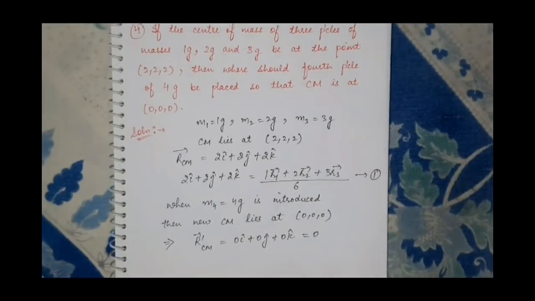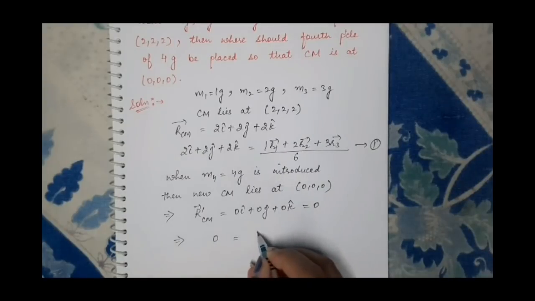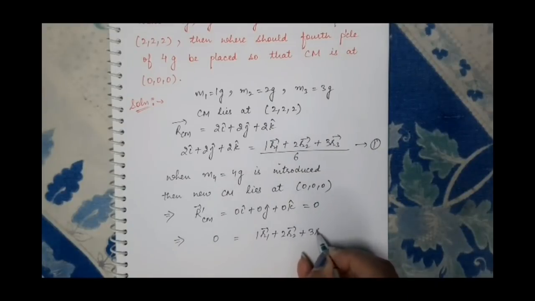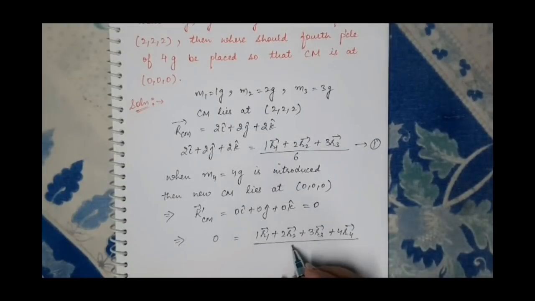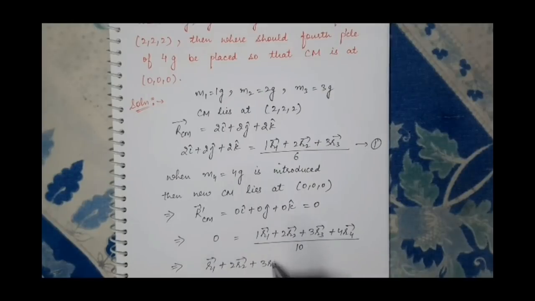So what will be the new equation of center of mass? It will be 0 equal to 1 R1 plus 2 R2 plus 3 R3 plus 4 R4 divided by 1 plus 2 plus 3 plus 4, that is 10. Move this 10 to this side, 10 into 0 will be 0. So our equation is R1 plus 2 R2 plus 3 R3 plus 4 R4 equal to 0, and this is our equation 2.